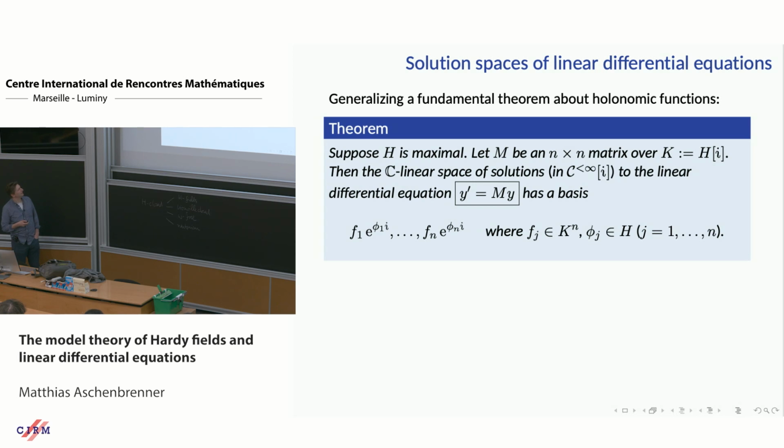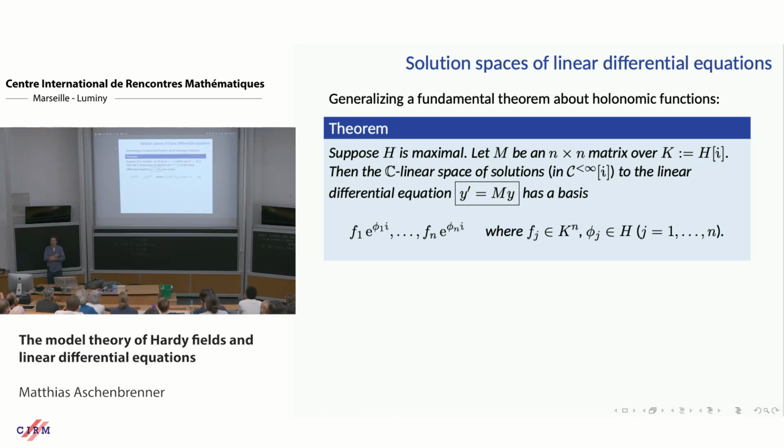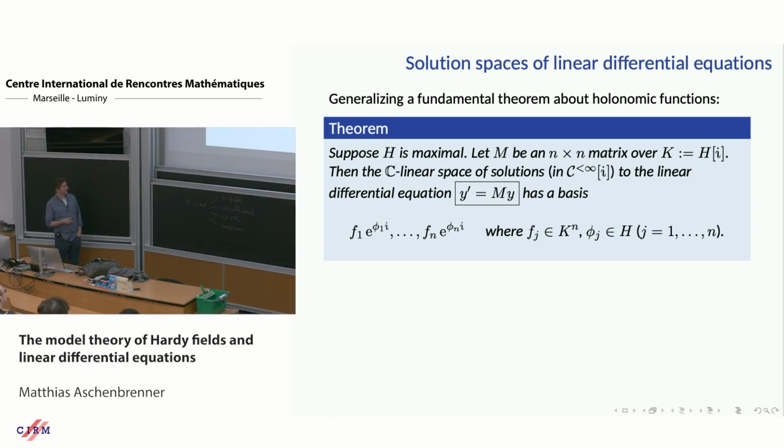Okay, so this is the fundamental theorem. Suppose you have a maximal Hardy field, and you have an n cross n matrix M with coefficients in this complexification. And you look at the differential equation y prime equals M times y. So we know from calculus that this is an n-dimensional C vector space, right? So it has a basis. And the theorem says that there's a very explicit basis that you can choose.